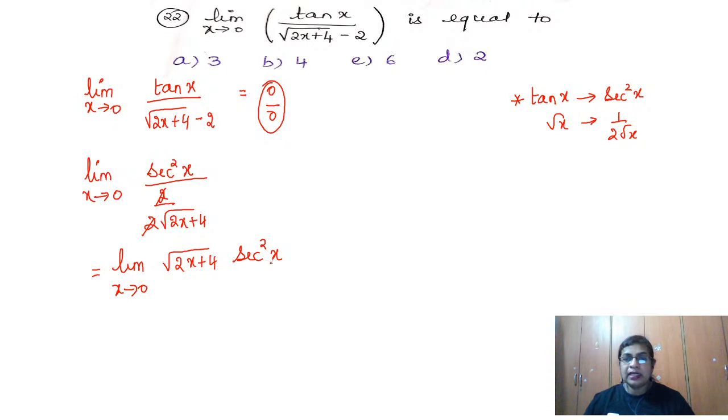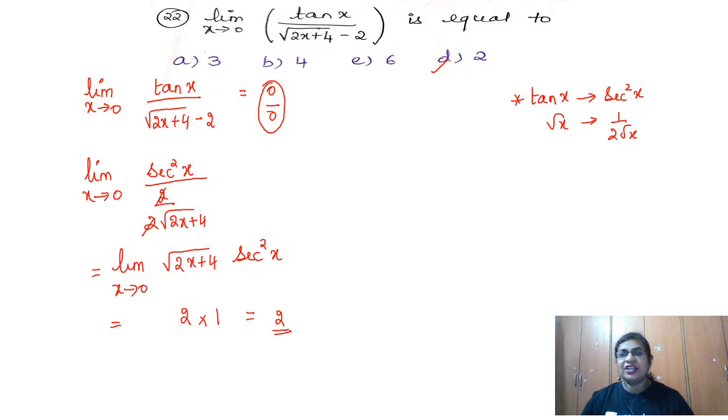When x is 0, 2 into 0 is 0 plus 4, so root 4 is 2, into secant square 0. What is secant 0? Cos 0 is 1, so secant 0 is also 1. Therefore you are getting the answer 2, and this is the D option.